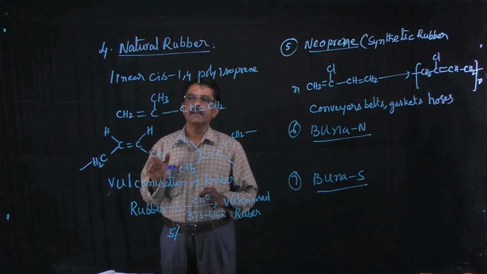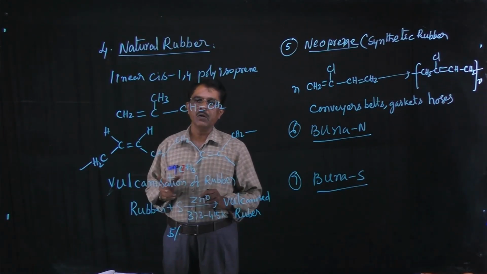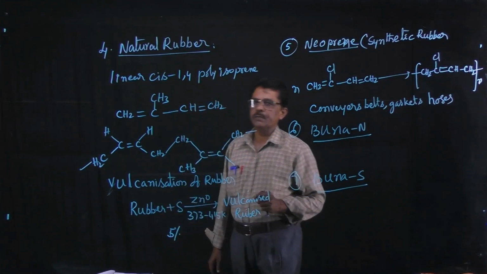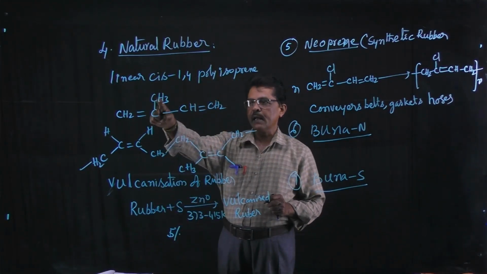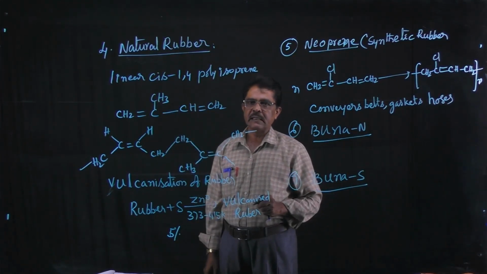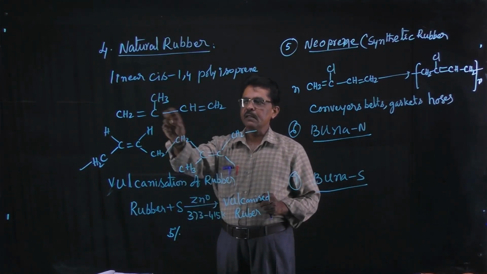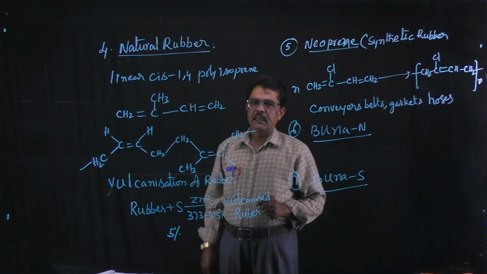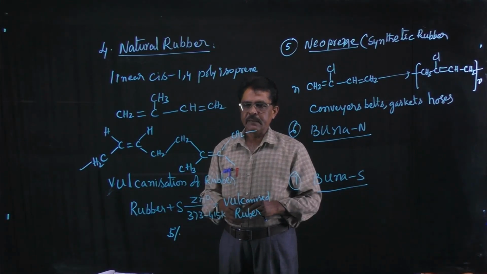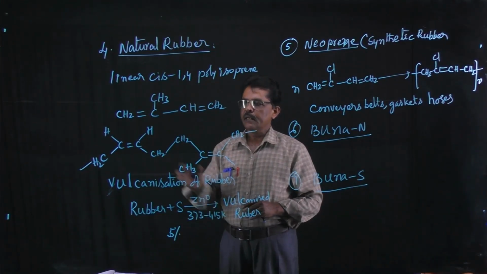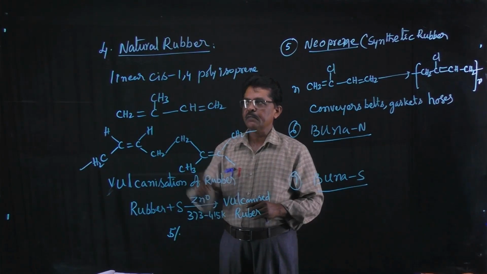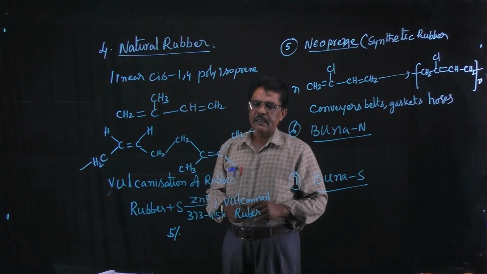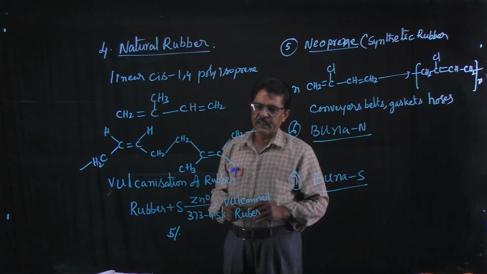Natural rubber is the polymer of isoprene. What is isoprene? Isoprene is 2-methyl 1,3 butadiene. This 2-methyl 1,3 butadiene is subjected to polymerization. Then we get natural rubber, a linear polymer of cis 1,4 polyisoprene.